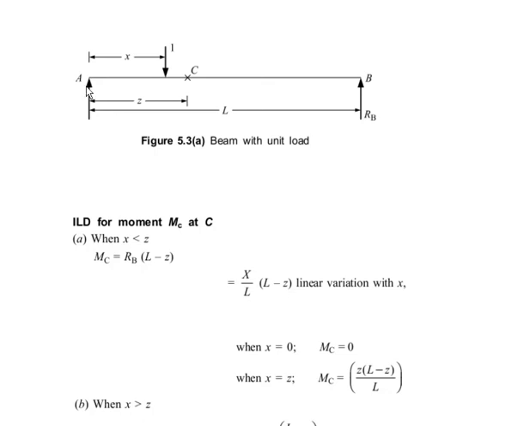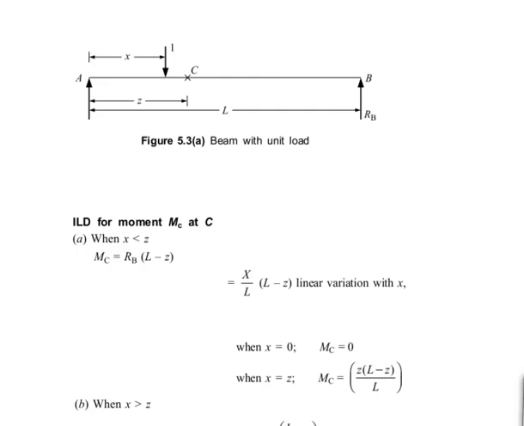And the boundary conditions are x equal to 0 and x equal to z, because our case is when the unit load is between A and C, which means x varies from 0 to z. When x is equal to 0, substituting in this equation, moment at C is equal to 0.